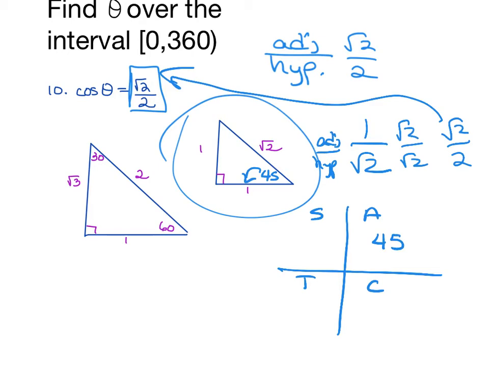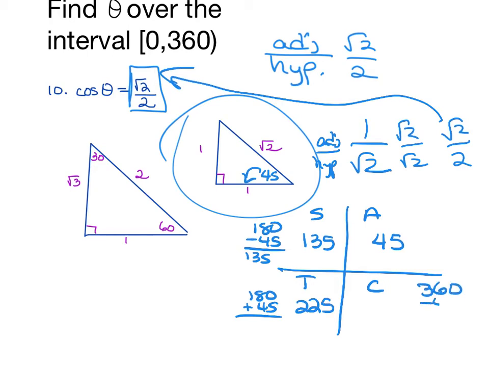To get the angle measure in quadrant 2, I take 180 and I subtract 45, and I get 135. In quadrant 3, I'm going to take the reference angle and add it to 180. So this would be 225. And then in quadrant 4, 360 minus 45, and that gives me 315.